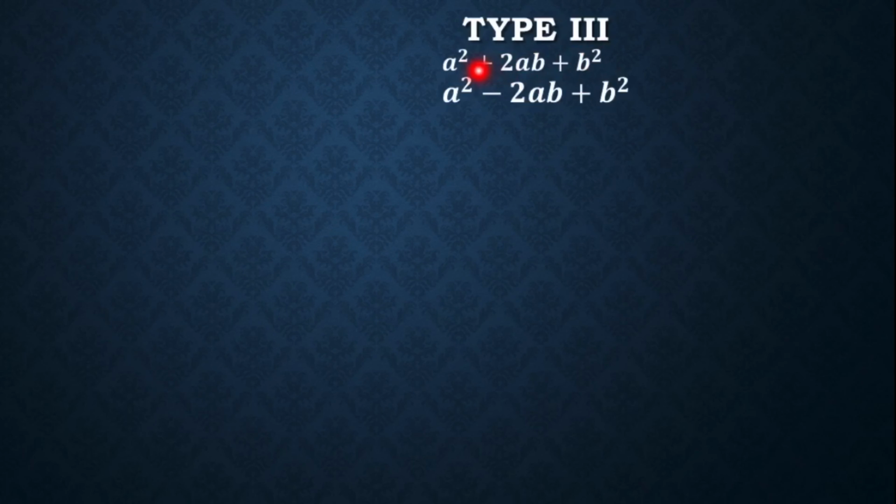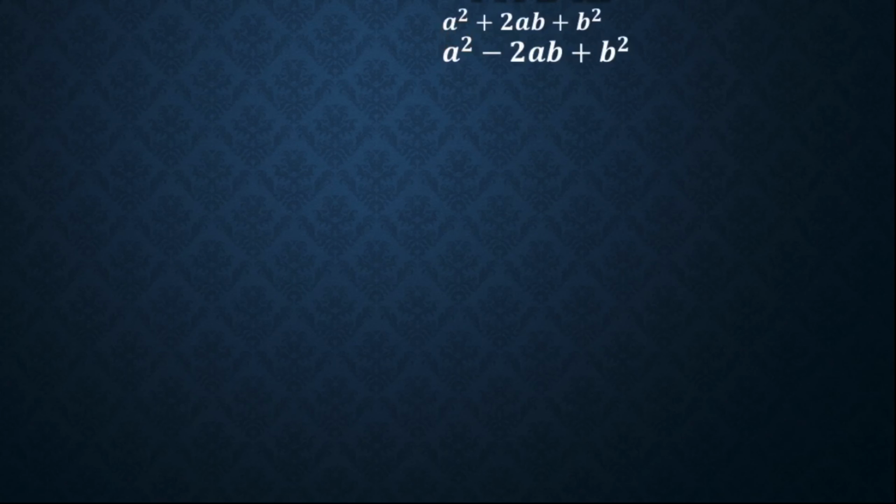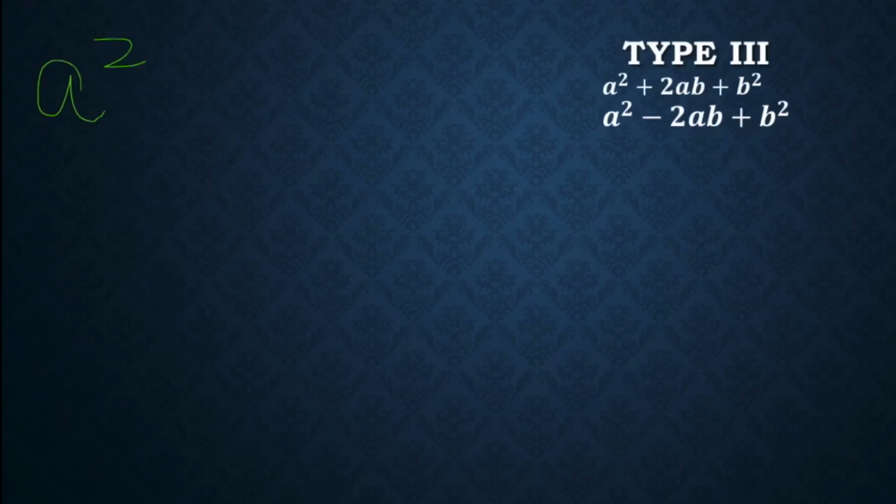In type 3, two types of expression can be given. It can be like a square plus 2ab plus b square. Students, you have to observe that the expression given to you can have 3 terms, and the terms will be like a square. What does a square mean?